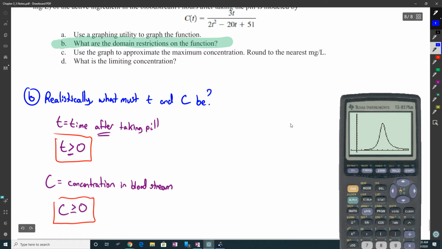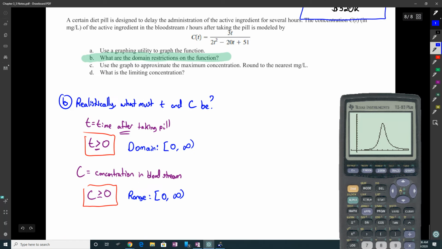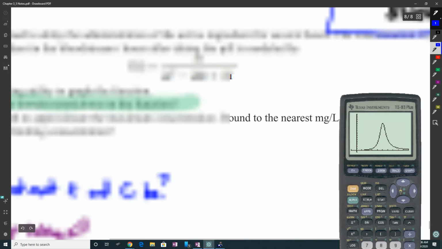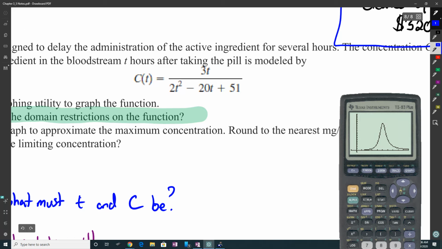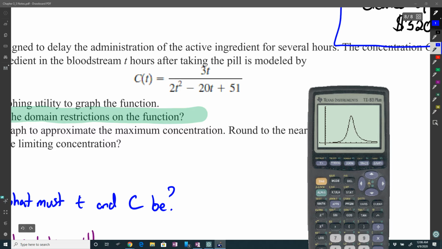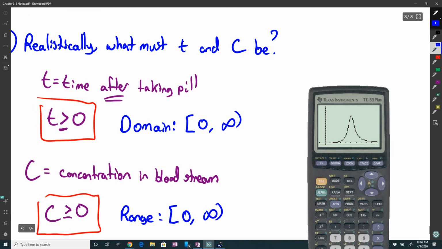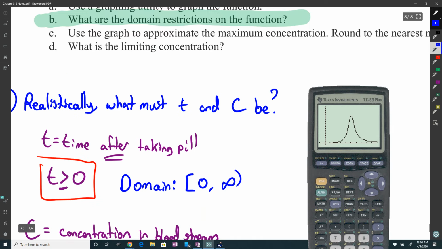So the domain of the function is 0 to infinity. The range of the function is also 0 to infinity. Okay, so even though this equation, I can plug in pretty much any number I want. So mathematically, the domain would be everything, if you look at the picture. Mathematically, the domain's negative infinity to infinity, but realistically, in terms of the problem, the domain is 0 to infinity.